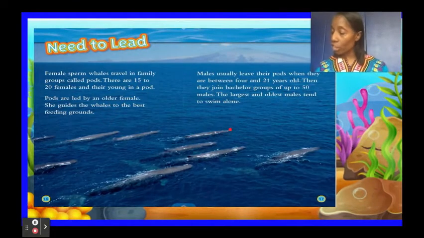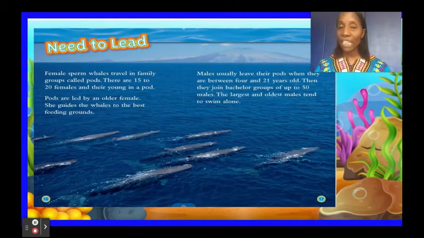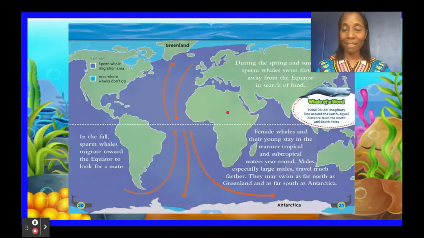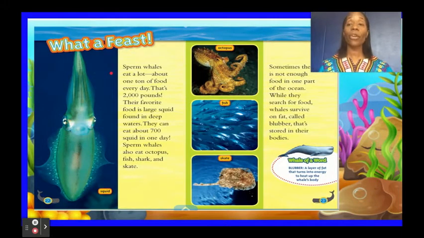So the next page that we're going to, scholars, is going to be page 22. What a Feast. So just think, when they talk about what a feast, what do you think we're going to talk about? What a Feast. So here the author has this heading, What a Feast, to share with us what the sperm whale likes to eat.